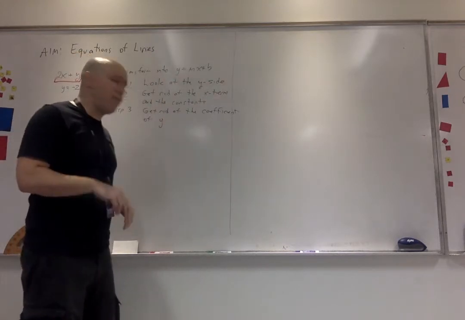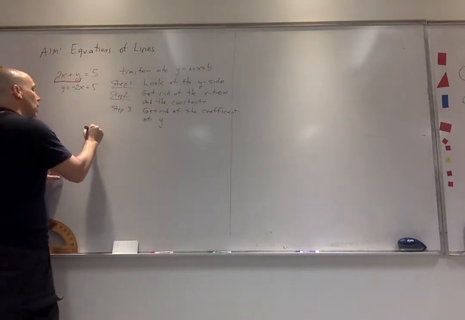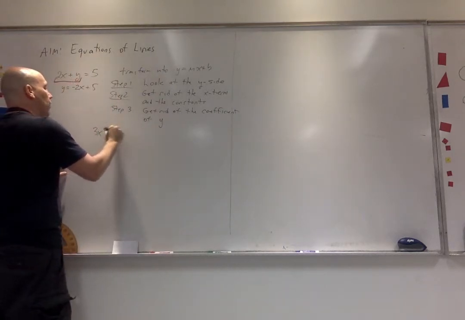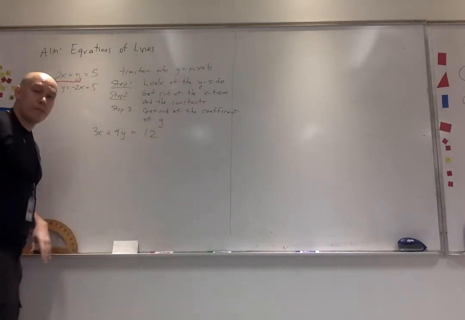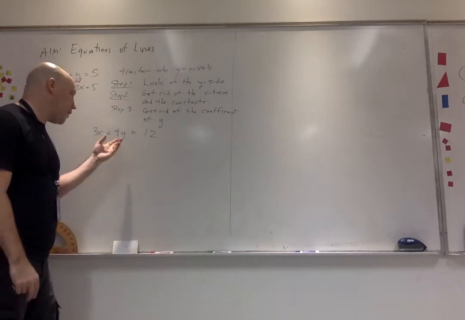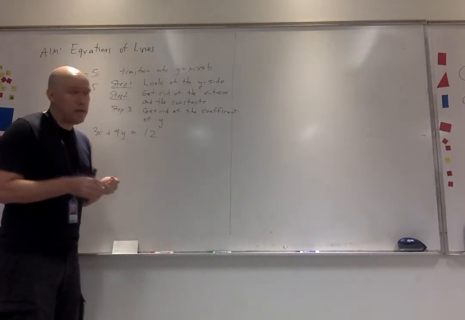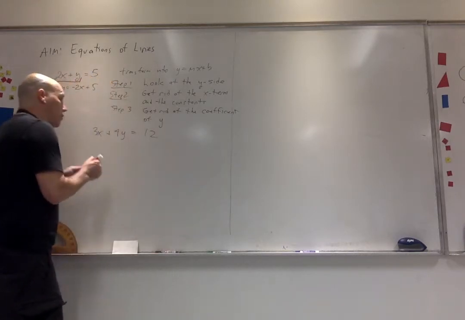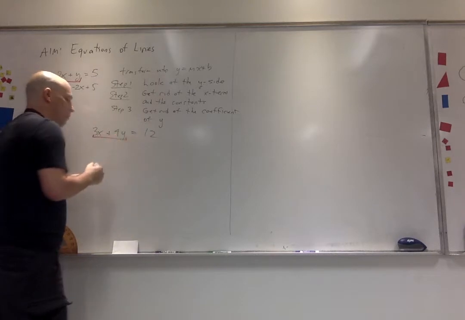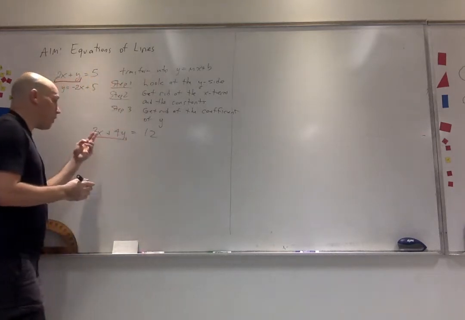Let's go through some examples. Example 1, 3x plus 4y equals 12. You look at this and you're like, this is not in the form y equals mx plus b. So the first thing we're going to do is step 1, look at the y side. Step 2, get rid of this 3x.